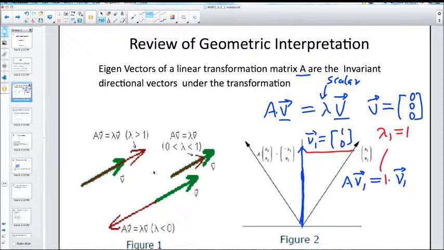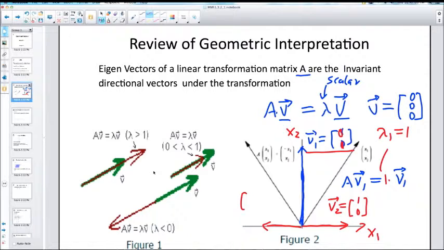There's another one. The other one is this horizontal vector. We can call it V2, which is 1, 0. If I call this x1, this x2. Well, the mirror reflection of this V2 is going to be the opposite direction.